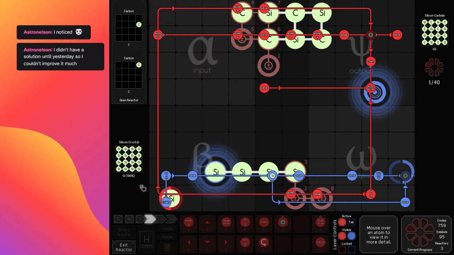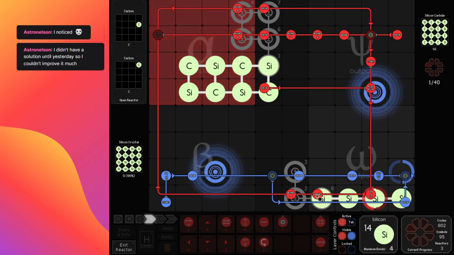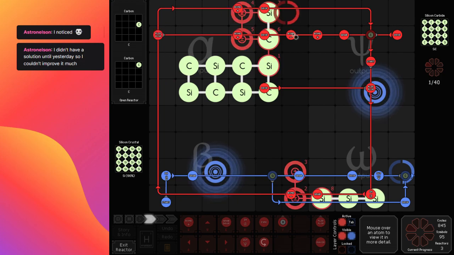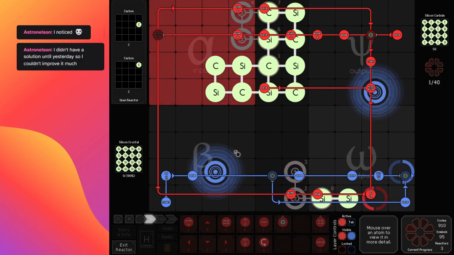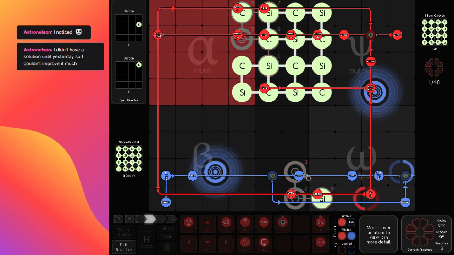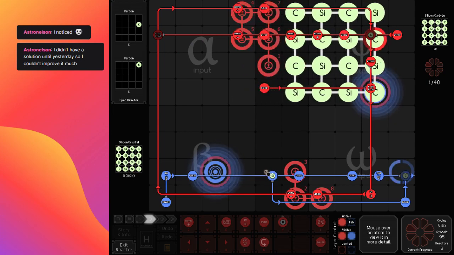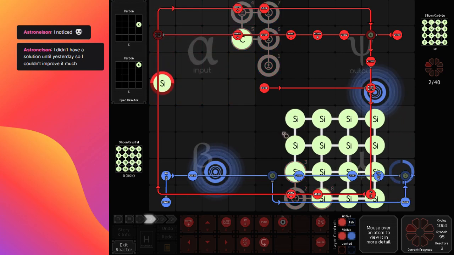So we've got silicon being stripped off one by one, and this flip-flop decides which of these 2 it's supposed to go to. Every time it only inputs 1 alpha, so it alternates and never crashes. And then blue has this silicon sensor for sensing for the input of the next block. Very, very nice.